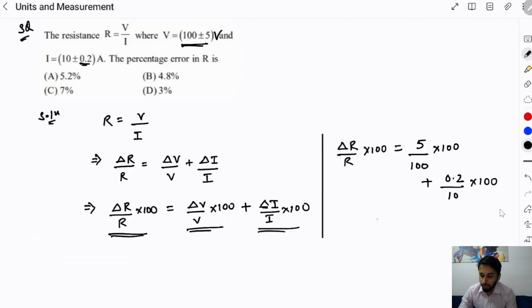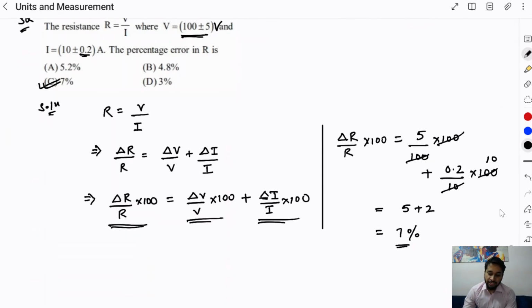Okay. So how much will this become? This 100 will get cancelled. This will become 10. So 5 plus 2. So that will come out as 7%. Okay. So the percentage error in resistance will be 7%. Fine. So the answer for this question becomes 7%.